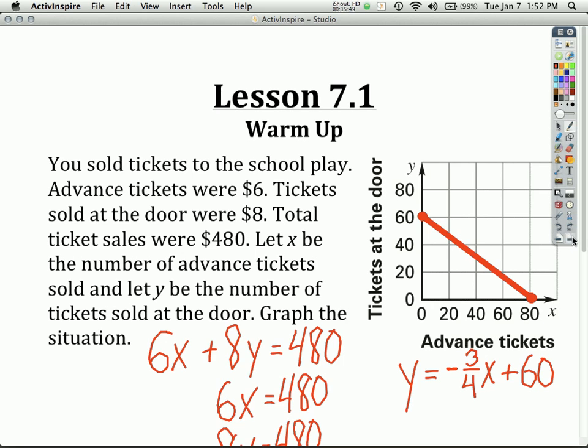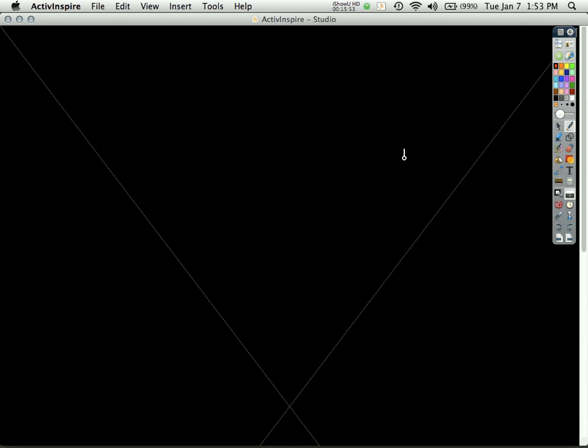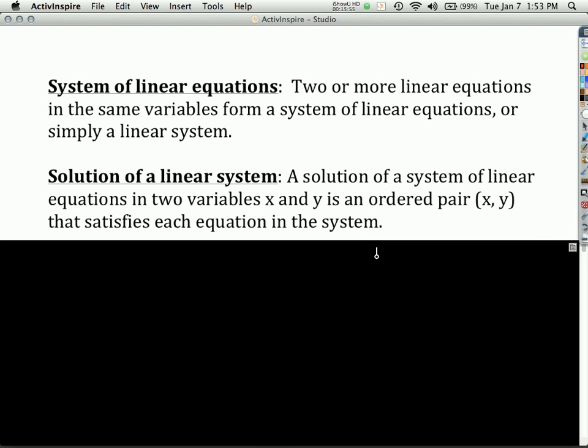So now, we're moving forward. So you guys are going to have to catch yourselves up. Because a solution of a system is an ordered pair. But it's an ordered pair that solves both of the equations in the linear system.